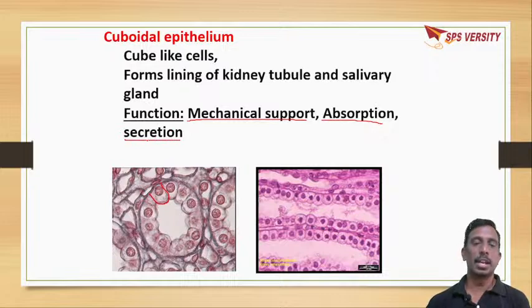Like salivary glands will secrete the secretions, they are called saliva. Kidney tubules will absorb the essential nutrients from the filtrate.